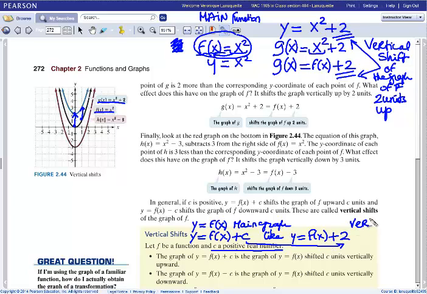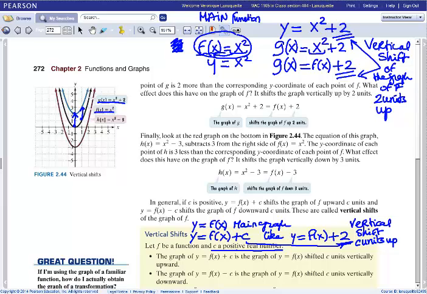A vertical shift, okay, it was 2 units up when we were talking about the specific case, but in general it will be c units up. Okay. So now let's take a look at the other function they are graphing, which is the function h of x.